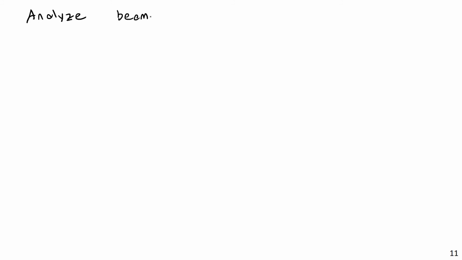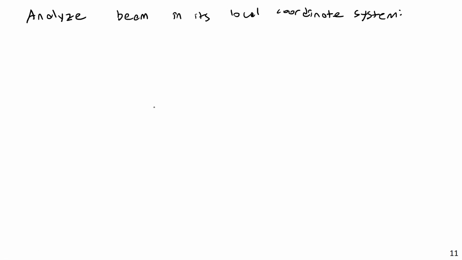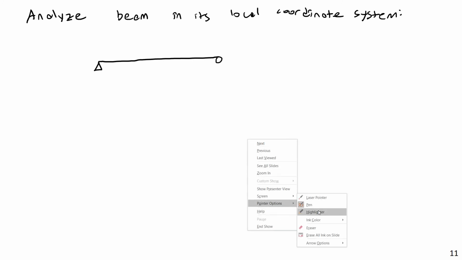So I can then analyze the beam in its local coordinate system. I've taken the load that was downward, but I have now transformed it along the beam's local axis. So now I have a simply supported beam, and the beam is nice and horizontal again.